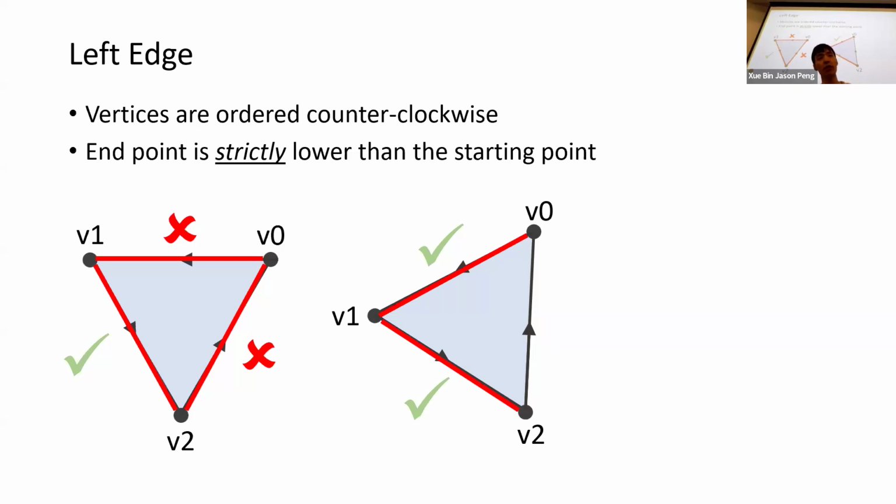So depending on the configuration of the triangle, a triangle can have one left edge or it can have two left edges. So unlike a top edge, where every triangle can have at most one top edge, for a left edge, a triangle can have multiple left edges.